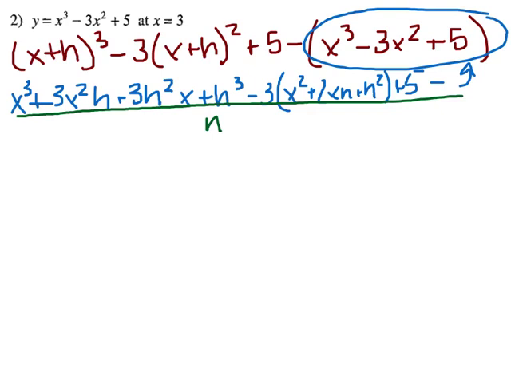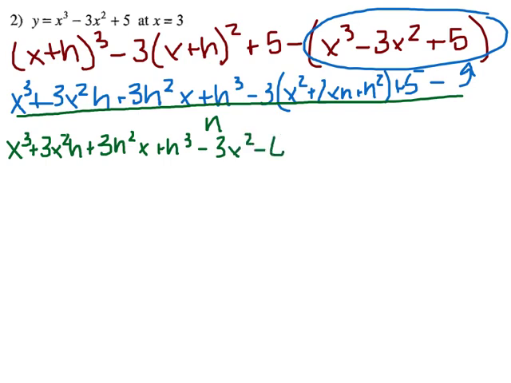So we have x cubed plus 3x squared h plus 3h squared x plus h cubed minus 3x squared minus 6xh minus 3h squared minus x cubed plus 3x squared minus 5.